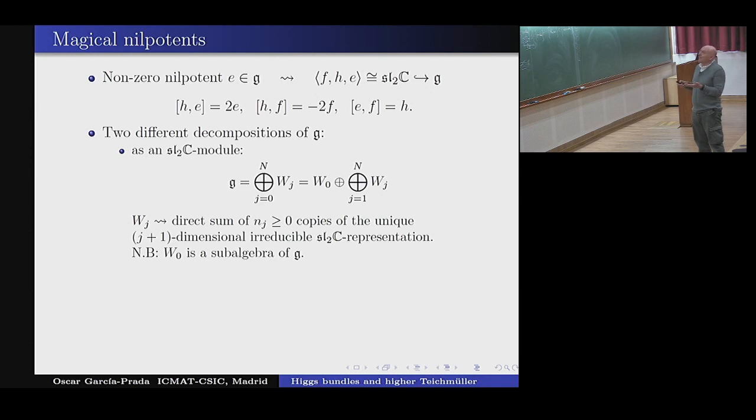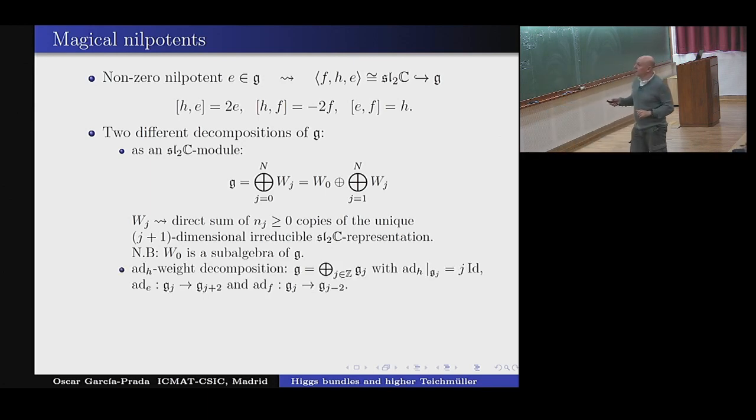It acts via the adjoint representation, and you can decompose it according to the SL2C modules: every W_j is a direct sum of n_j copies of the unique (j+1)-dimensional irreducible SL2 representation. And in this decomposition, notice that W_0 is a subalgebra of G. So this is the decomposition as an SL2C module that you have once you have chosen the nilpotent and the SL2C.